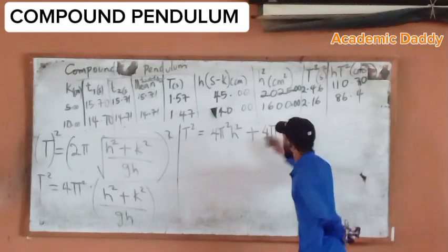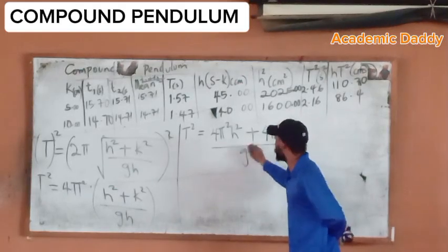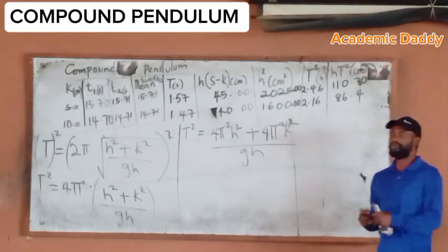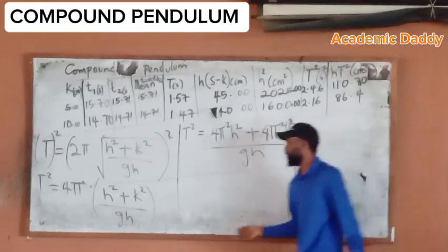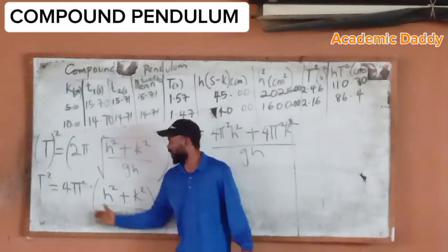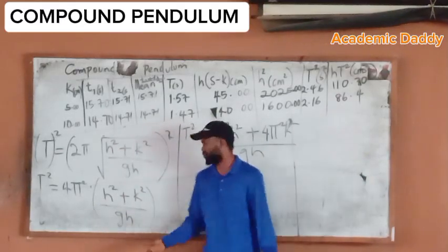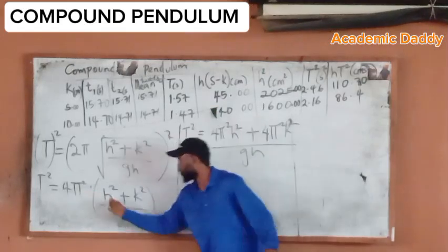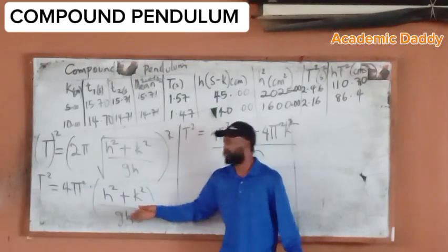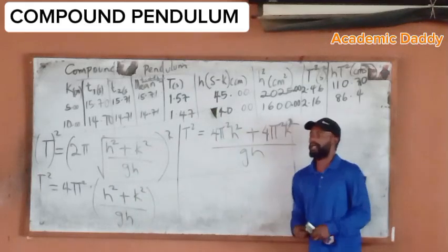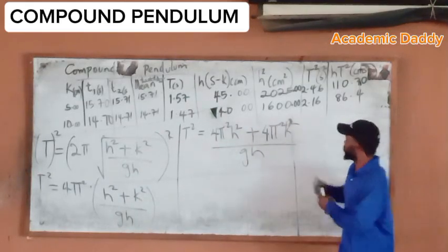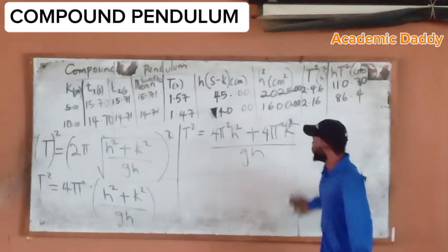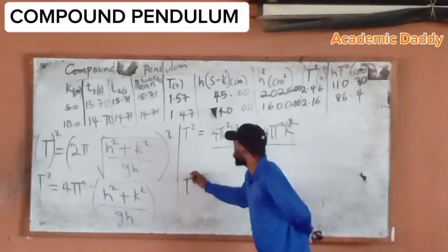And notice that it will now have the LCM, which is gh. Is it not true? Since we have this mathematically, it's not confusing. Carry this, multiply this thing. At the end of the day, you have something like this.